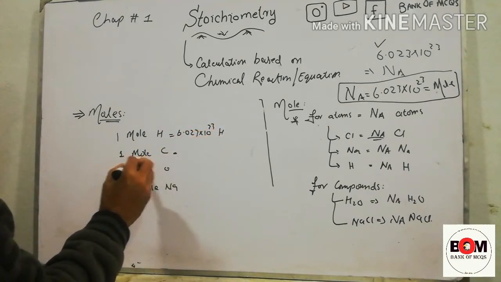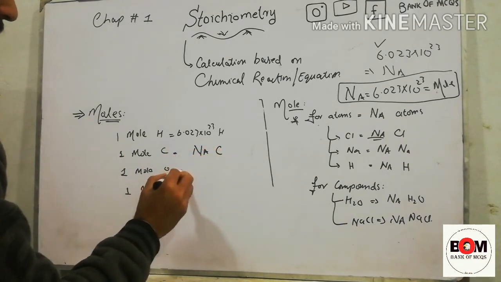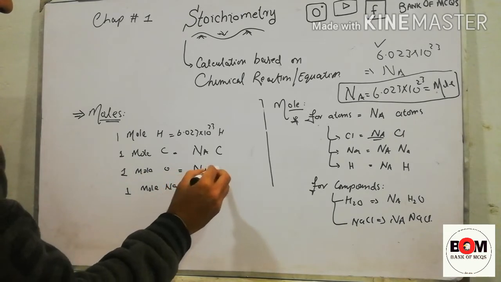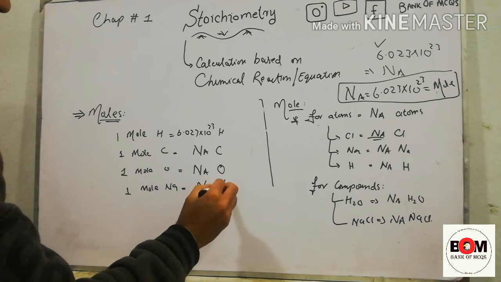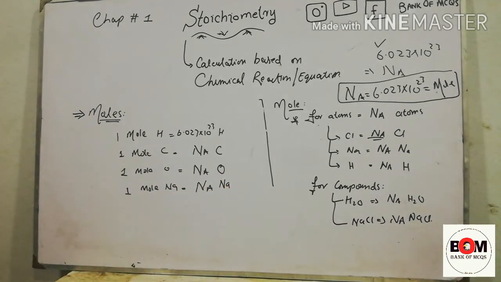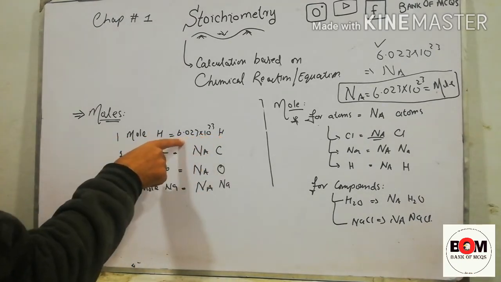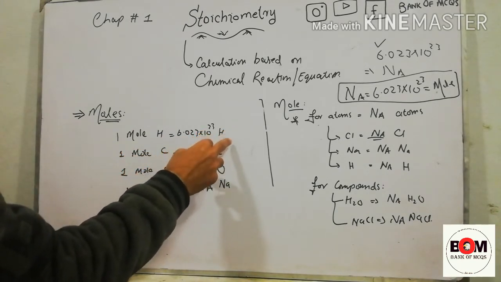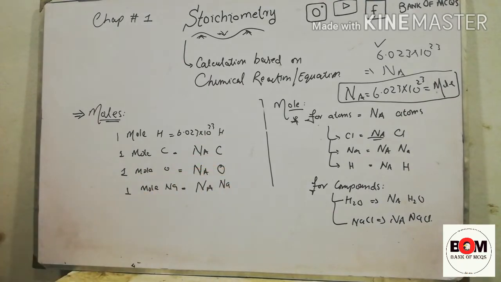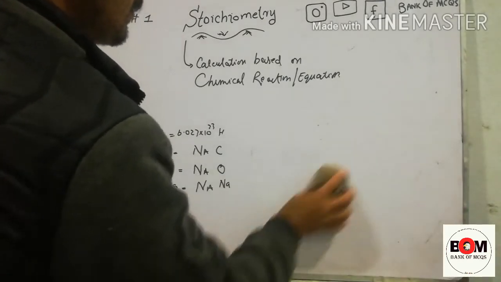In the same way, 1 mole of carbon means Na number of carbon atoms, 1 mole of oxygen means Na number of oxygen atoms, and 1 mole of sodium means Na number of sodium atoms. But the weight of 1 mole of hydrogen, carbon, oxygen and sodium are different from each other. So what is the relation between mole and mass?